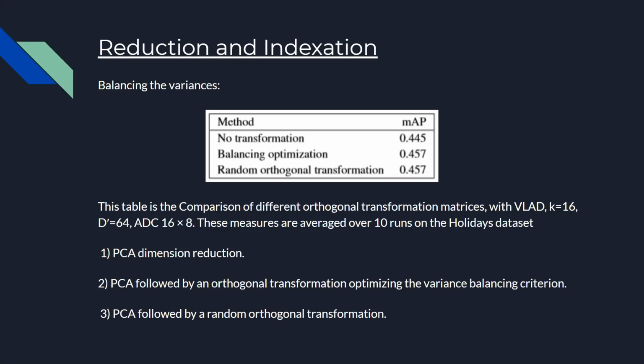These measures are averaged over 10 runs on the Holidays dataset. The first one is PCA dimension reduction, then PCA followed by an orthogonal transformation optimizing the variance balancing criterion, and PCA followed by a random orthogonal transformation. And here we have MAP of 0.445, 0.457, and 0.457 respectively.